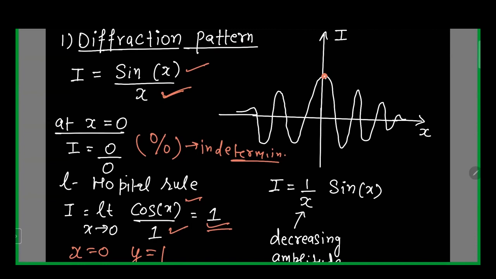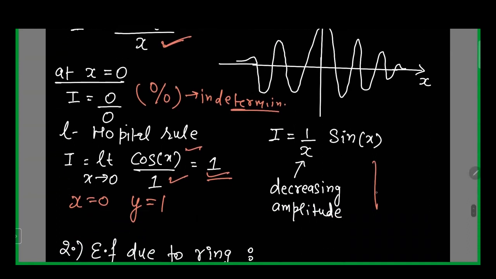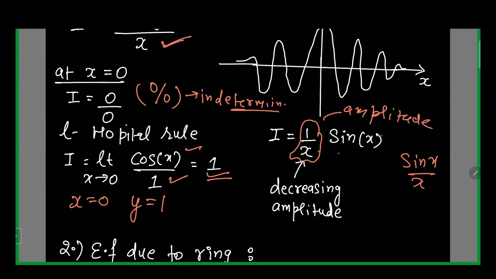Now how do I plot this? The second thing I need to see is the shape. The shape will be sin x for sure because the function has sin x in it. The normal sin x graph goes on like a wave. But now the amplitude of sin x is 1 by x. I can write sin x by x as 1 by x times sin x, where 1 by x is the amplitude of sin x.